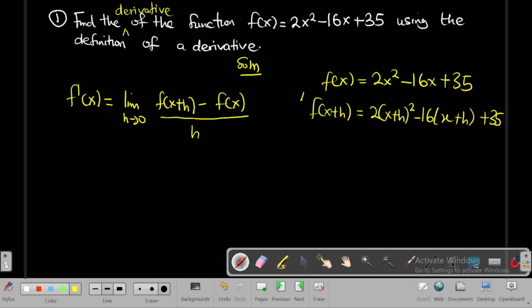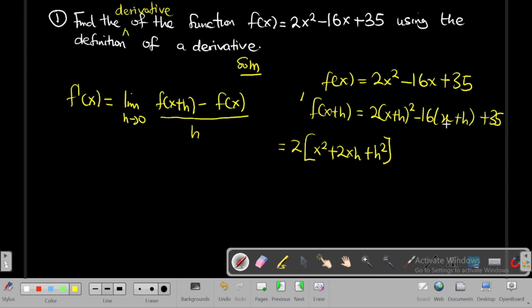Then this becomes simple algebra, right? To evaluate this, we bring our 2 out. Since it's x plus h all squared, it becomes x squared plus 2xh plus h squared.